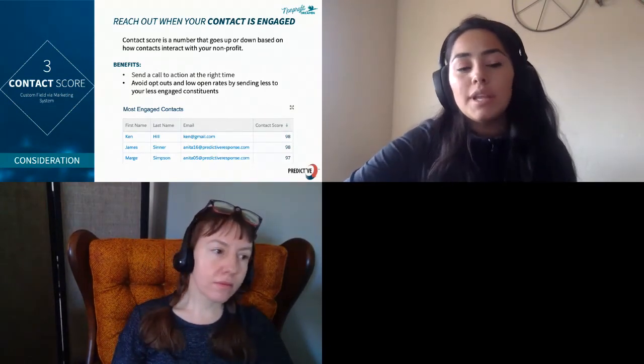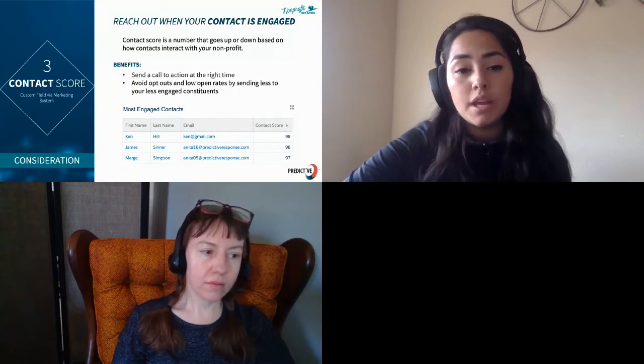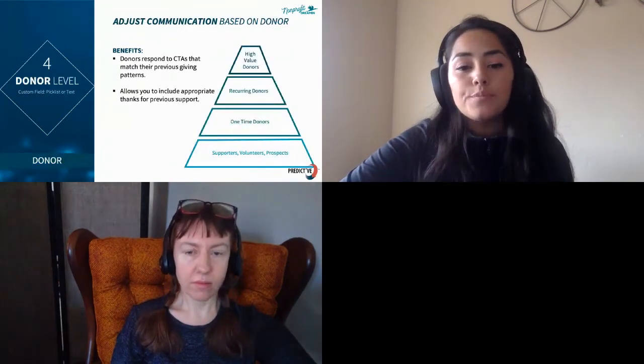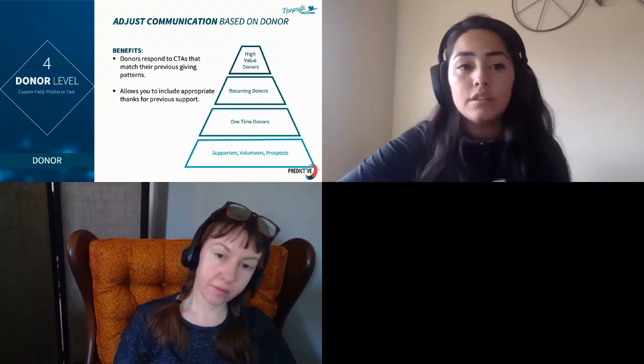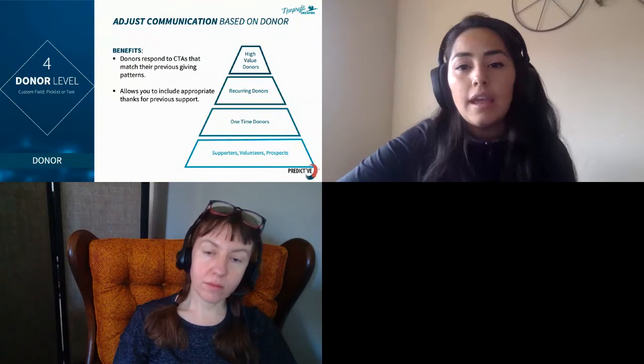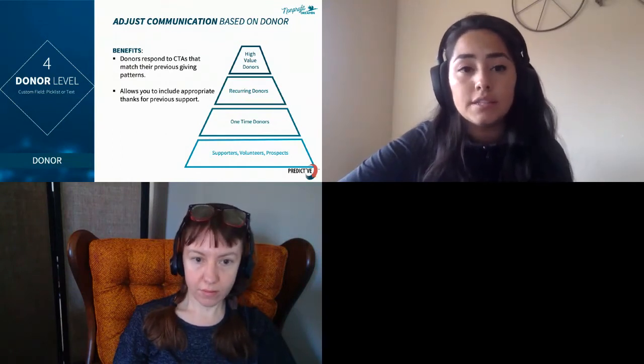Awesome. So let's say this person donated and they become a donor. So the fourth data field that you need is distinguishing the donor levels. And that can be a custom pick list or a text field in Salesforce.